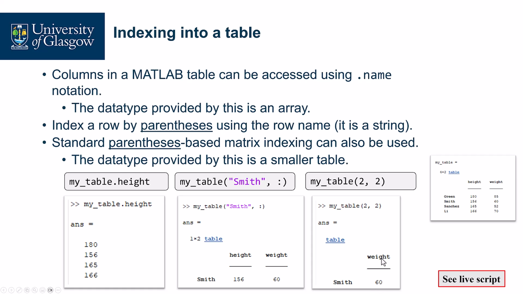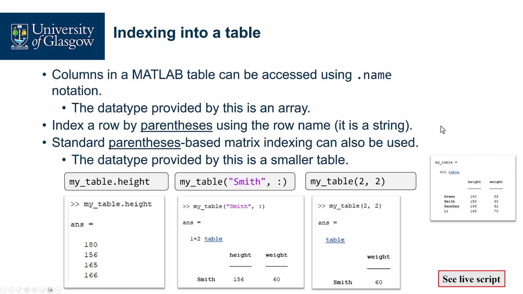This is a 1 by 1 table with weight and Smith as the column name and row name. So pay attention that if we use the matrix index method for tables, the return value is a smaller table. It's not an array anymore. But if we use the dot method to index a column, the return type is an array.